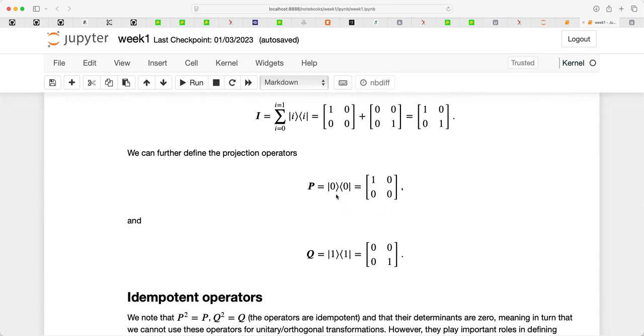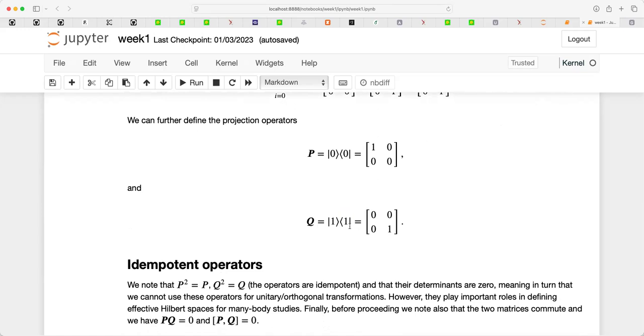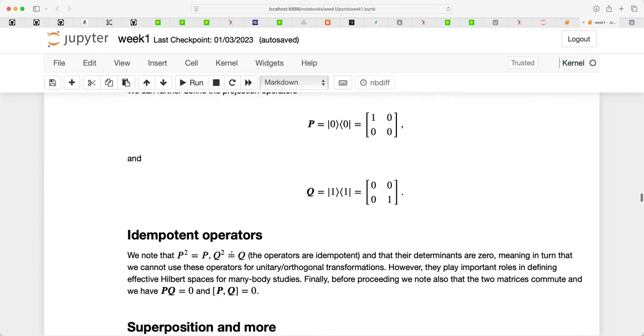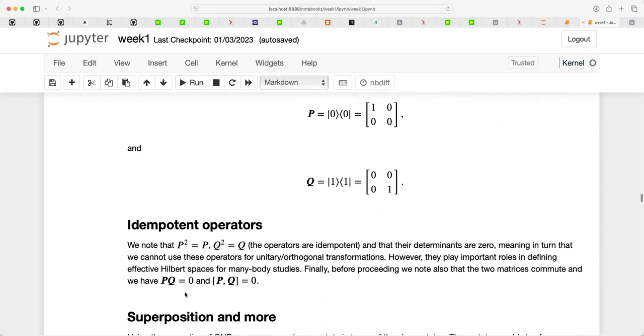When I act on the vector with bit 1, this will give 0, whereas this gives the vector itself. And Q, when it acts on the vector with bit 1, gives back the vector with bit 1. These operators are also very important because they are so-called idempotent operators, and they commute with each other, which is also easy to see.